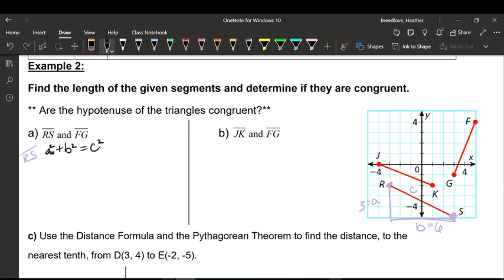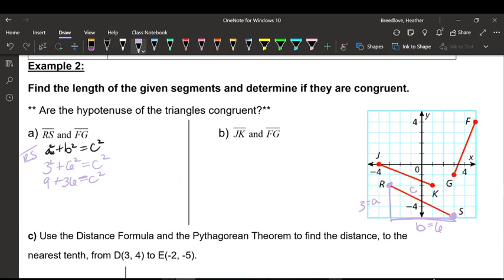And now we know that A is 3. So 3 squared plus B, which is 6, 6 squared equals C squared. You can type that in a calculator and just get to what that is. Or 3 squared is 3 times 3, and that's 9. 6 squared is 6 times 6, and that's 36. 9 plus 36 is going to give you 45.